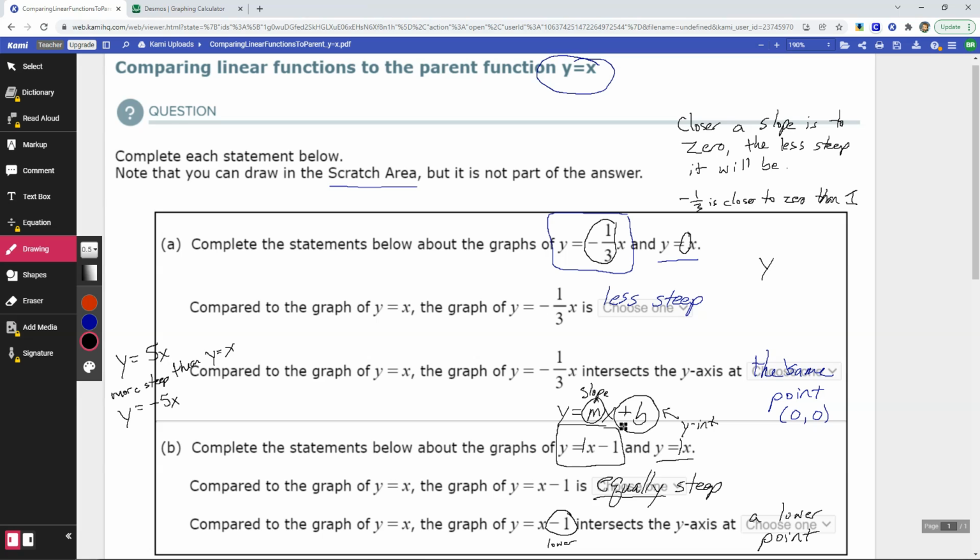Y equals x is the same as saying y equals x plus 0. There's nothing there, so it's the same as saying plus 0. So if I have any positive number, it will cross the y-axis at a higher point. If I have any negative number, that is to say any number less than 0, it will cross at a lower point.